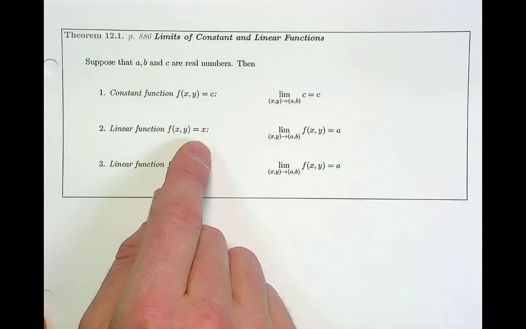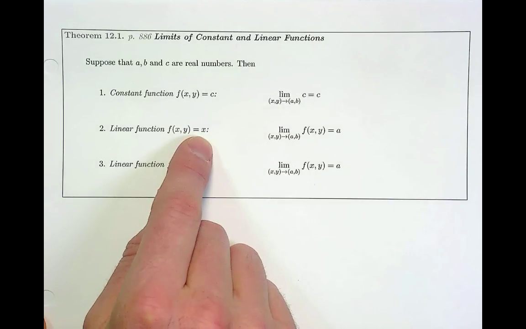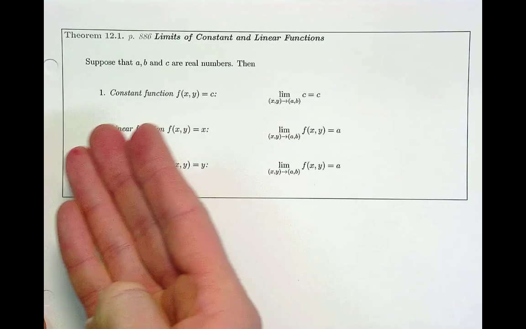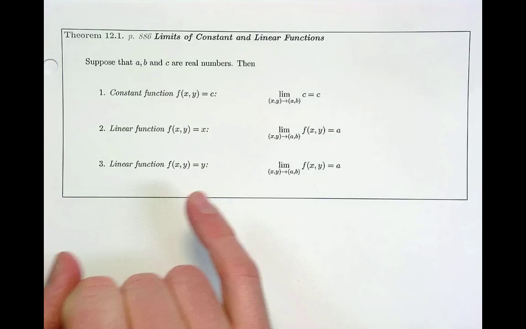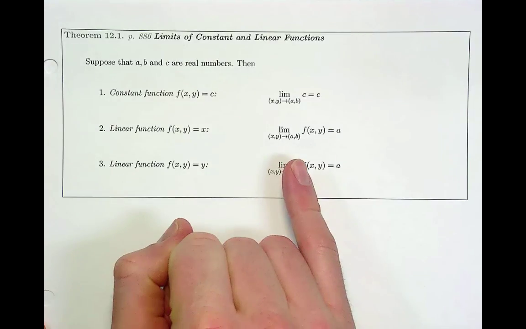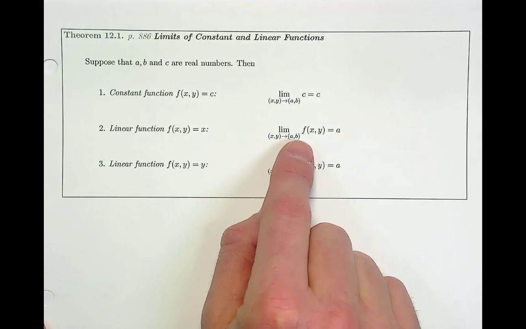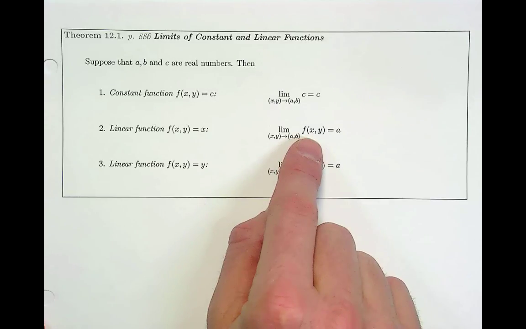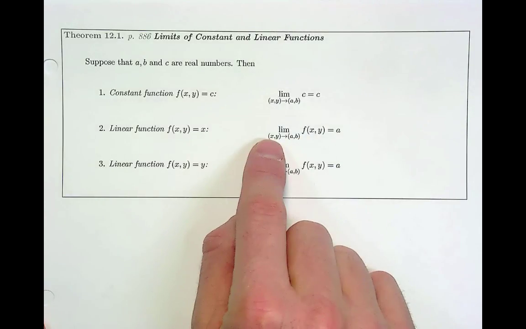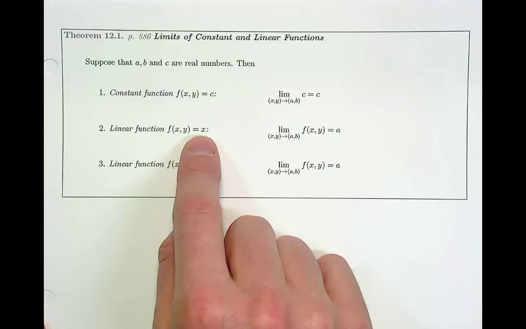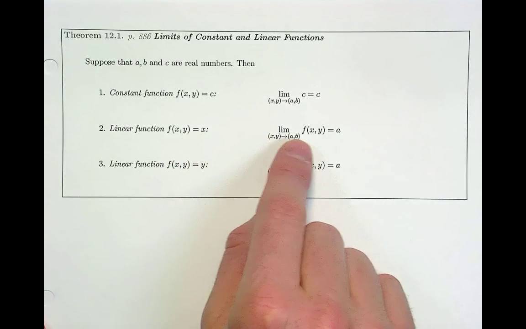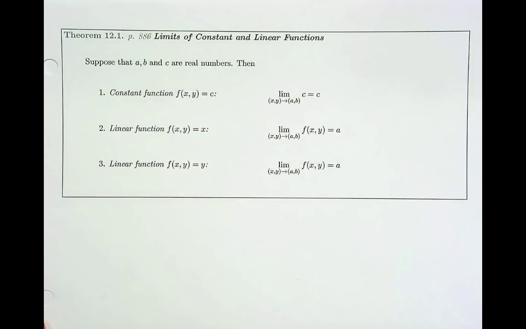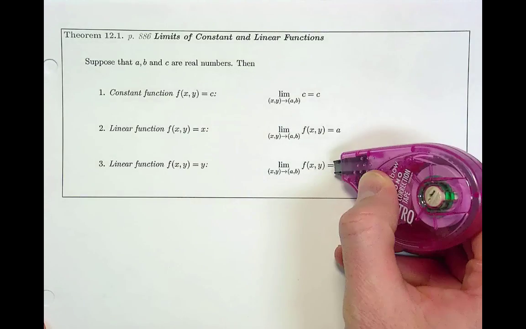So too, if you have a plane that goes along the z equals x line, so it's independent of y, if you allow (x, y) to approach (a, b), this is equivalent to a single variable limit because there's no y in the function. Of course, the limiting value here would just be a. And then here I already see a typo.